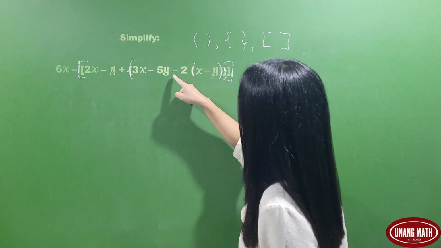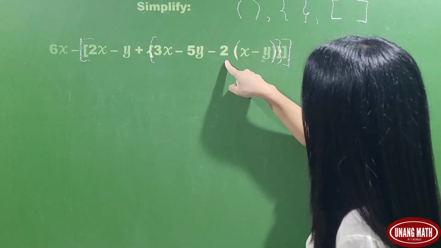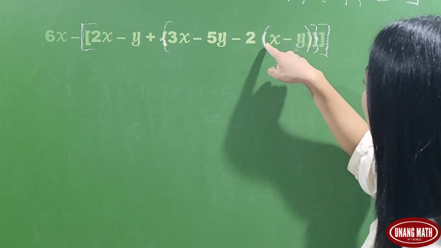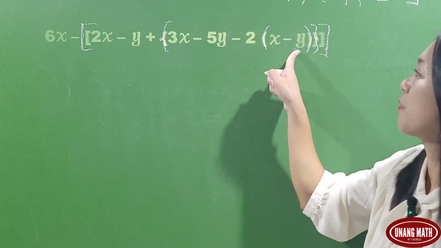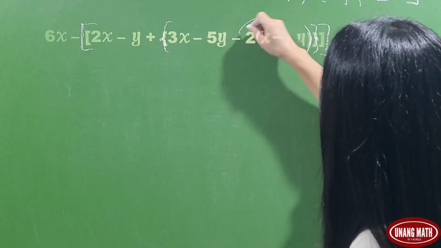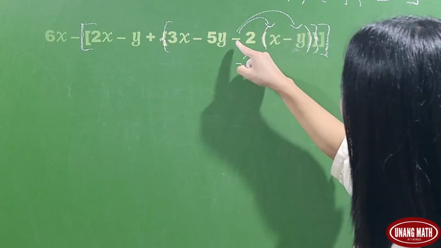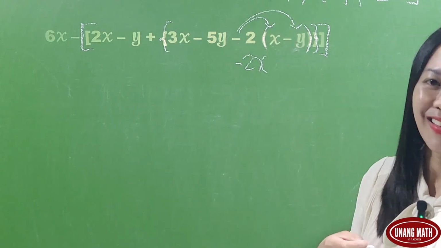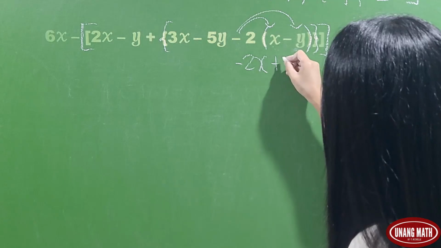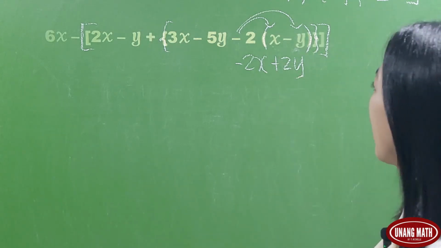So what we need to do here is this negative 2 should be multiplied to each term inside this parenthesis. So we will do distributive property. So this is negative 2x and negative 2 times negative y is positive 2y.